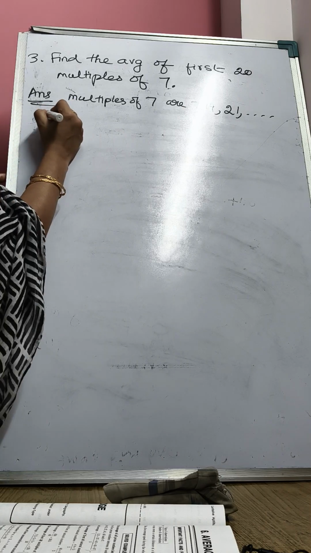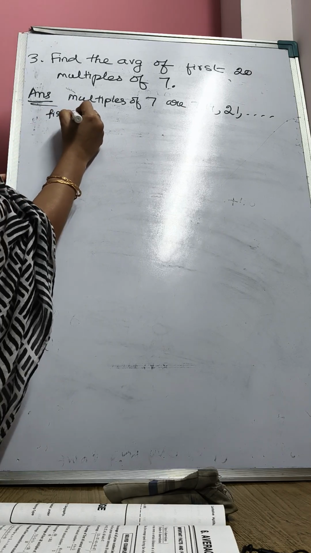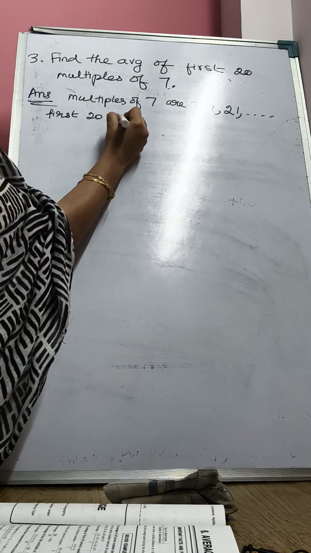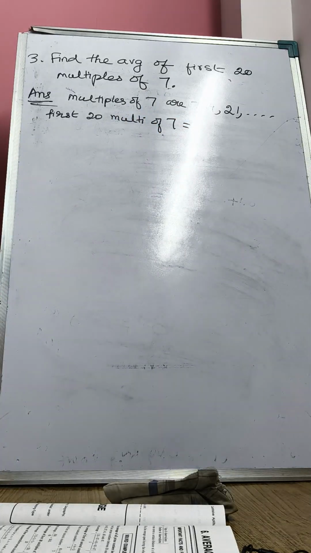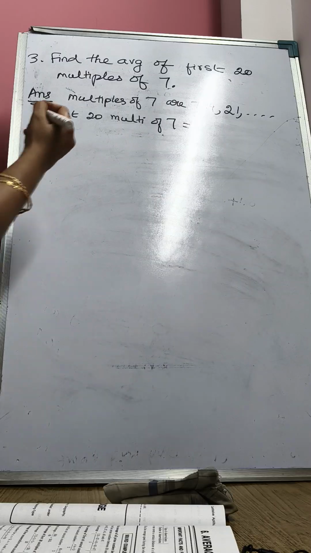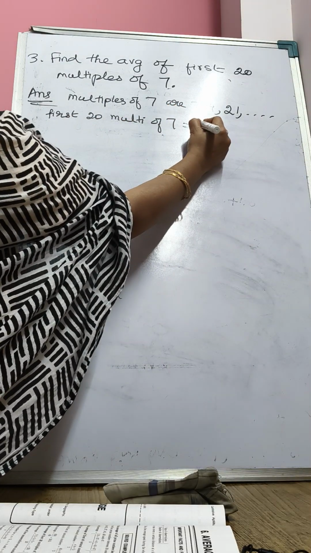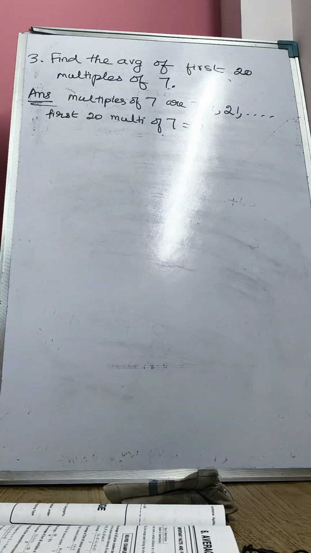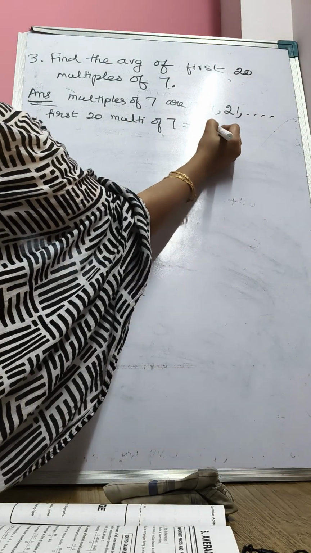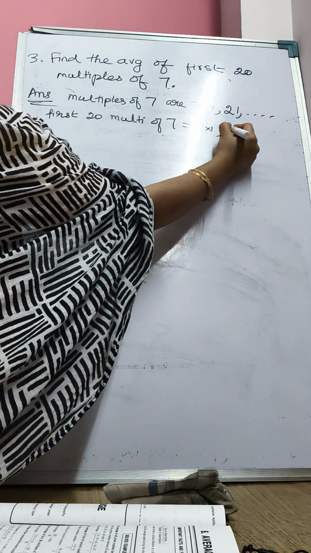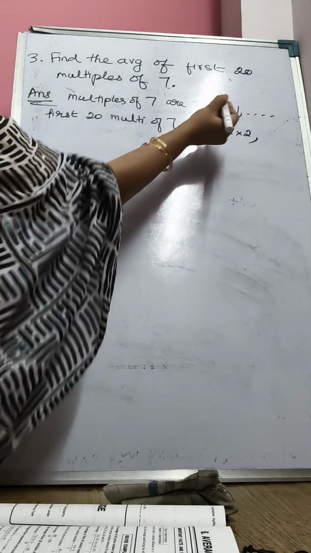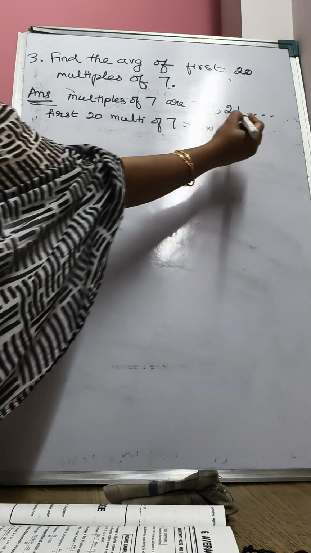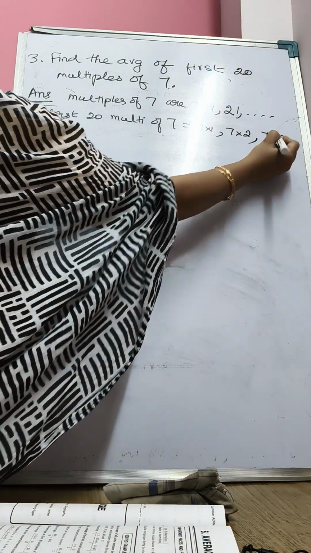We want first 20 multiples of 7. Isn't it? For that we can take 7. I can write it as 7 into 1. 14 I can write it as 7 into 2. 21 I can write it as 7 into 3.